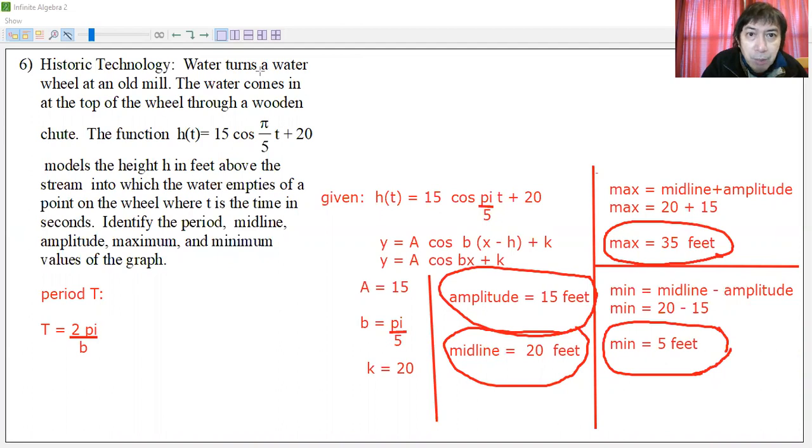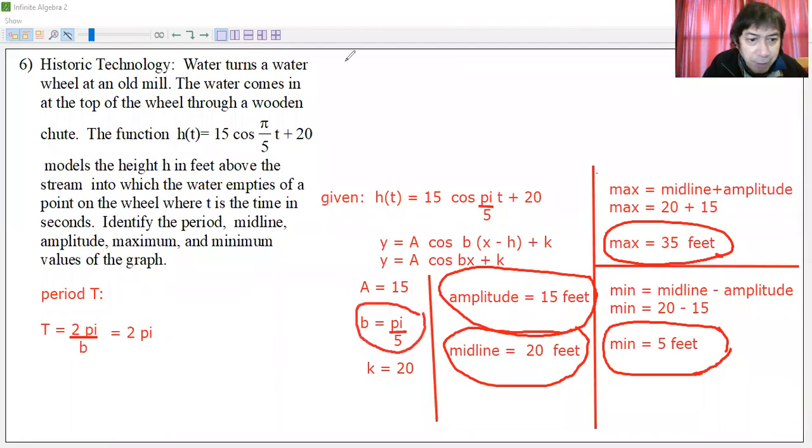And so we shall make use of our numbers. This equals 2 pi divided by our B. What is our B? Our B is over there.